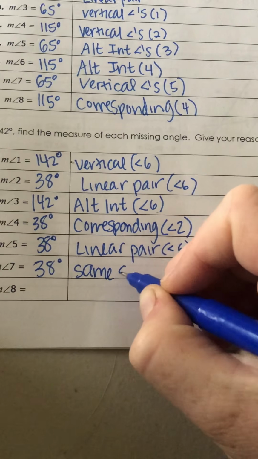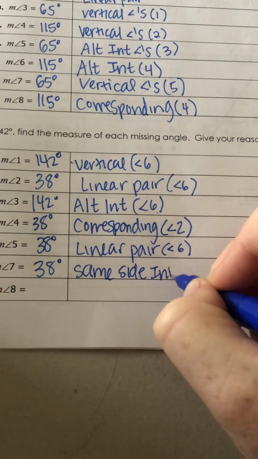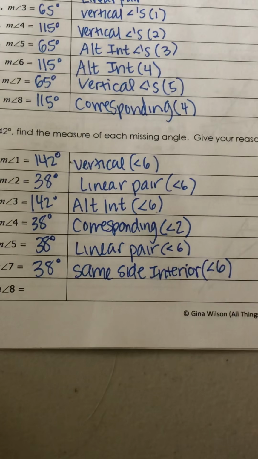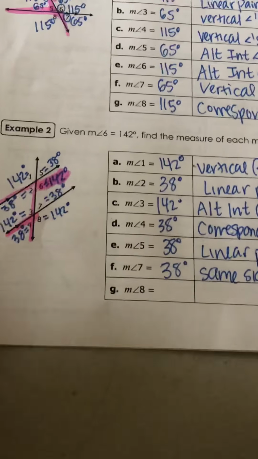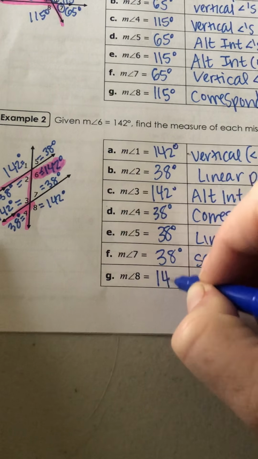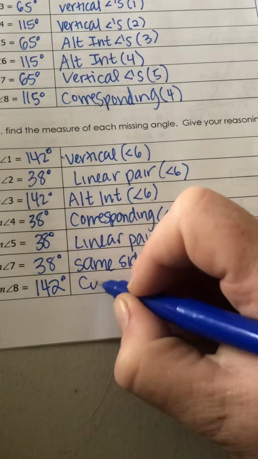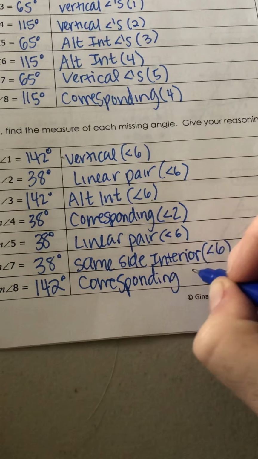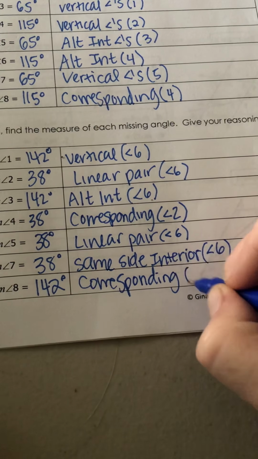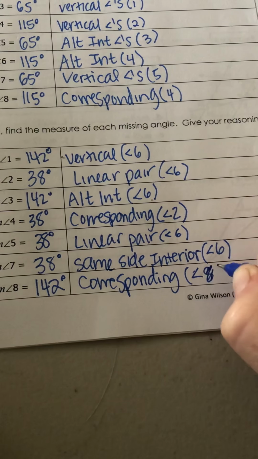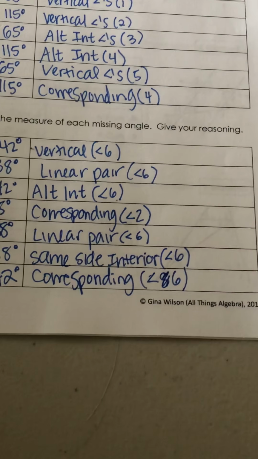Now we're seeing some different reasons. Angle 8 is 142. Those are corresponding, angle 6 and angle 8. They're on the same location of the two lines and on the same side of the transversal. All right, cool. Next page.